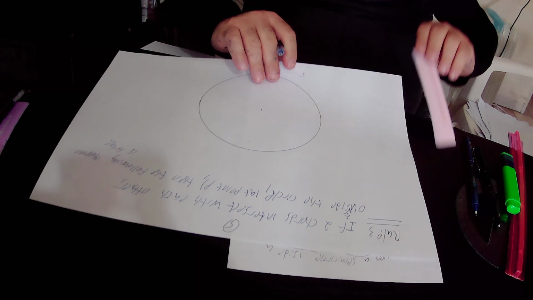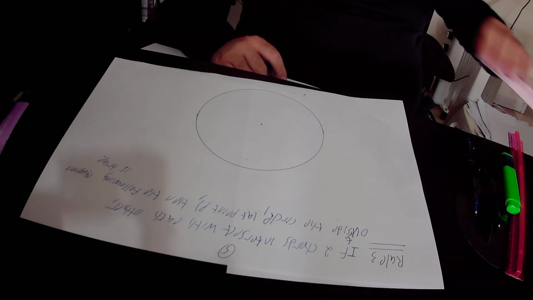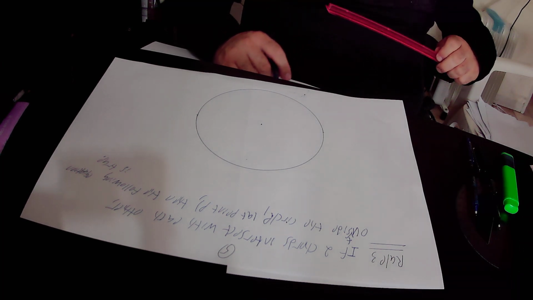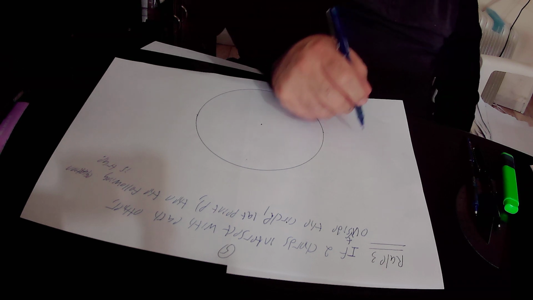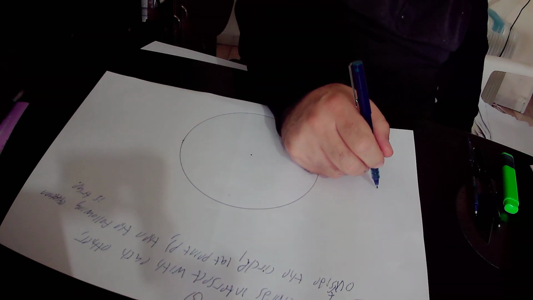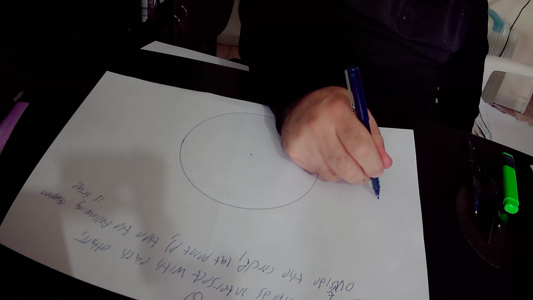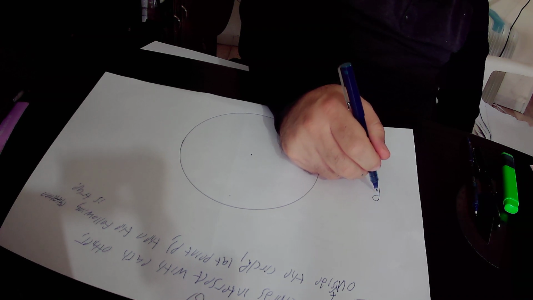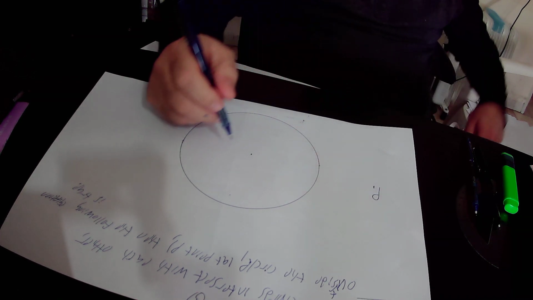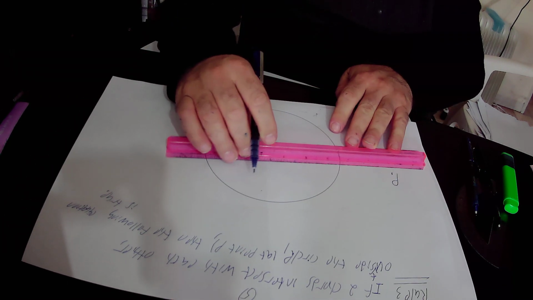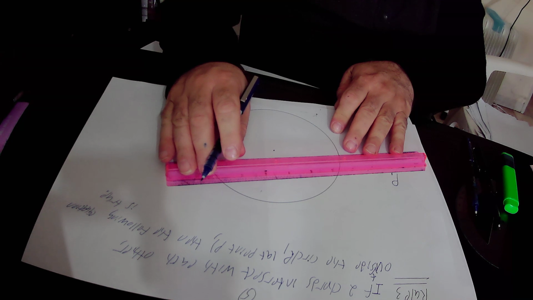So we have two chords. First of all, we have the external point P that is outside the circle, and point P is the external and the intersection point. So we have here the first chord.